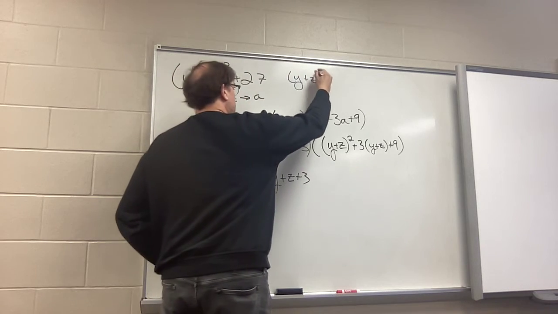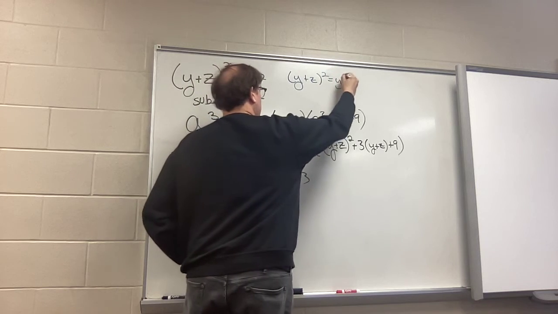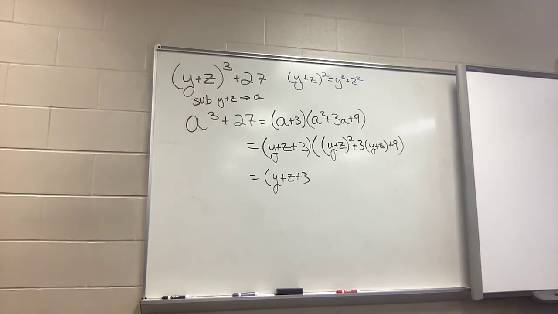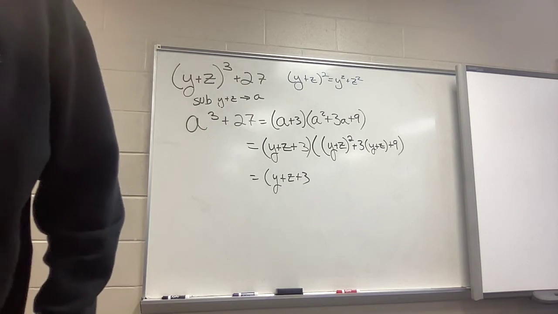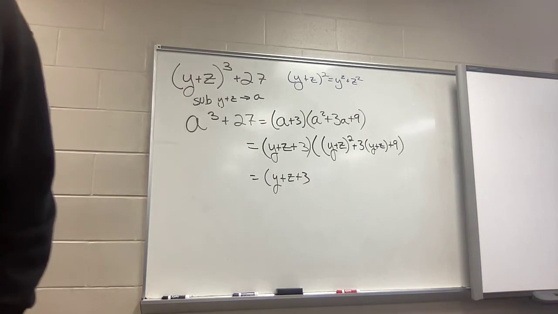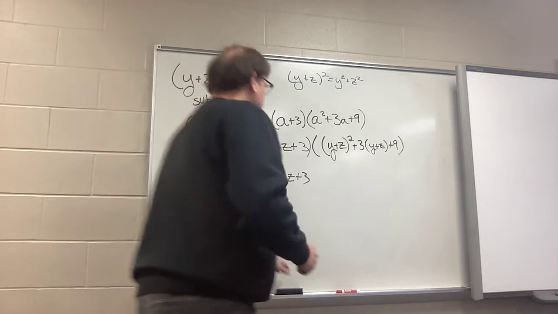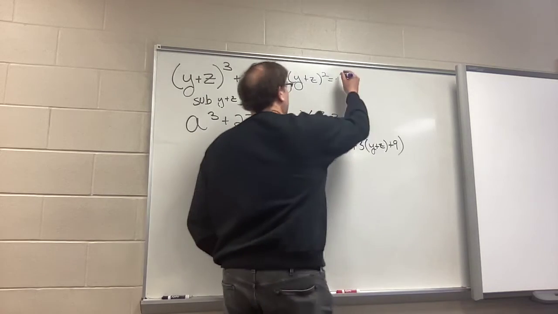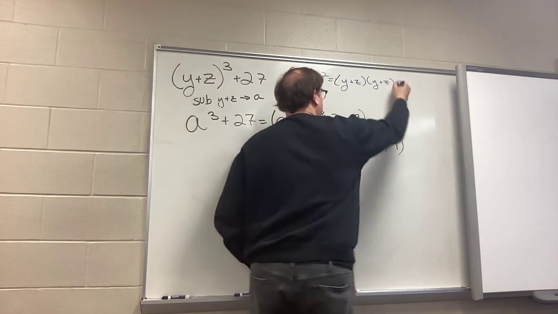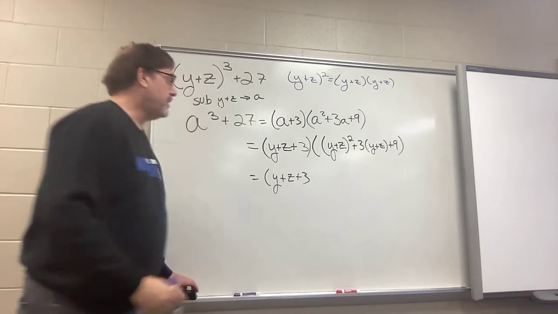Is y plus z squared equal to y squared plus z squared? Is that yes or no? I'm going to go back on the recording. Did I 5 times just say the answer is no? The answer is no. You must go y plus z times y plus z, and you must FOIL.